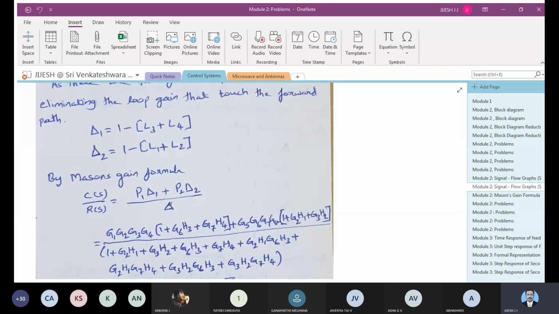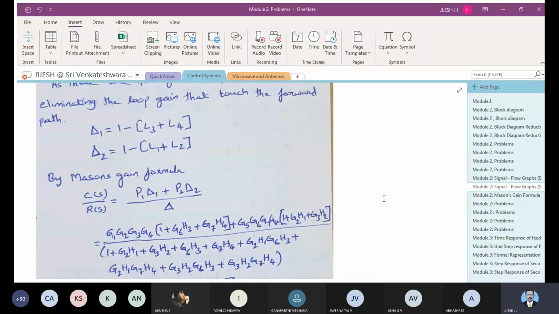I have told you that some problems will have a self loop as well, which starts from the same node and ends in the same node. That is called a self loop. And with respect to the self loop, this point is very important: a self loop should not be taken into account in determining the forward path or feedback path. That has to be understood clearly.